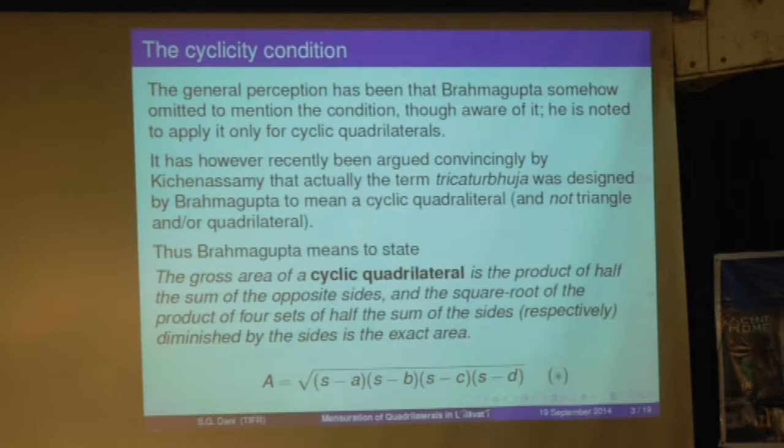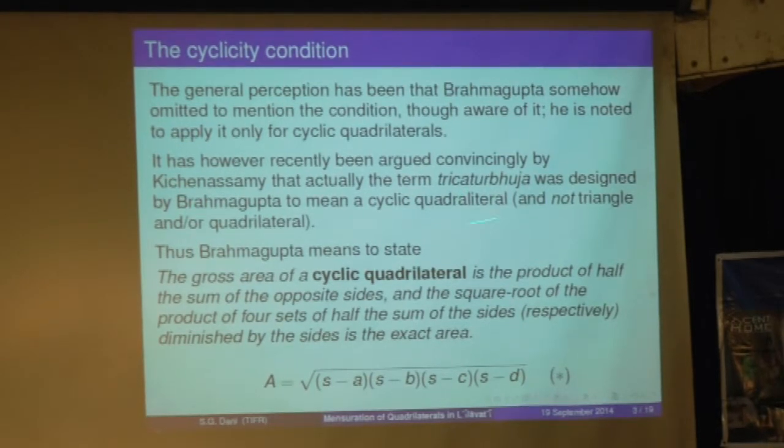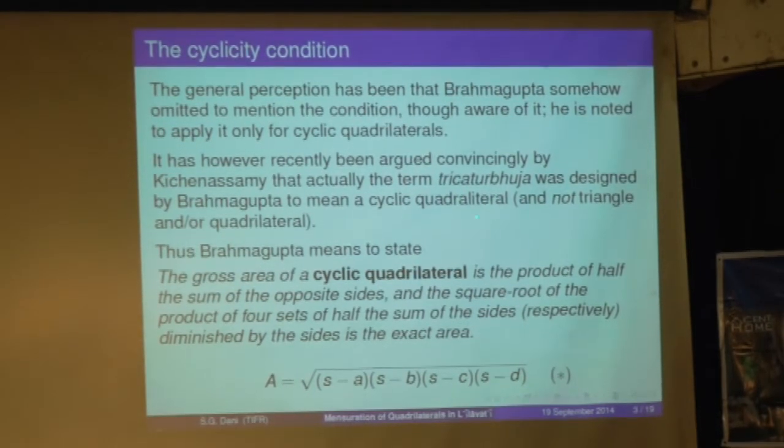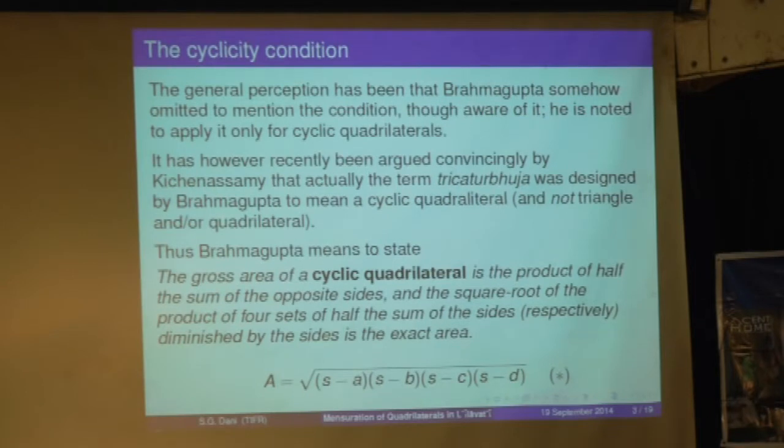However, Krishnaswamy argues quite convincingly, I think, as far as I'm concerned, that Trichaturbhuja was designed by Brahmagupta to mean a cyclic quadrilateral. It did not mean triangles or quadrilaterals, but a technical term, so to speak, for a cyclic quadrilateral.